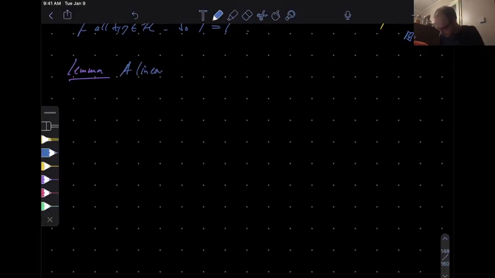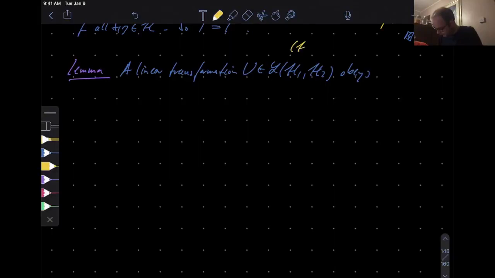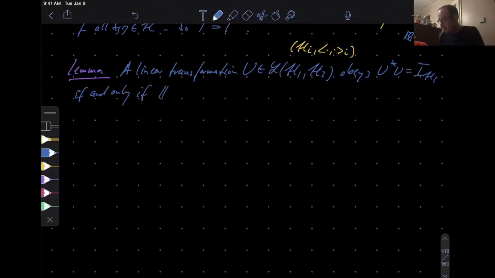So a linear transformation U between two Hilbert spaces H1 and H2, where each one comes with its own inner product, so it's really Hi with an inner product indexed by i, obeys U star U is the identity on H1 if and only if the norm of Ux is equal to the norm of x for all x in H1.